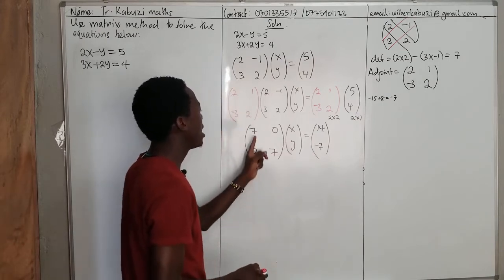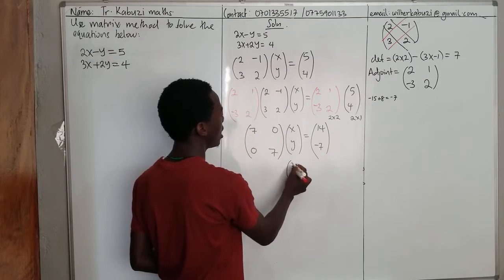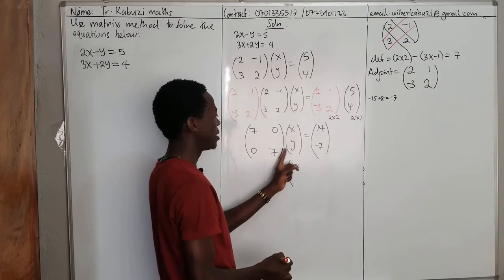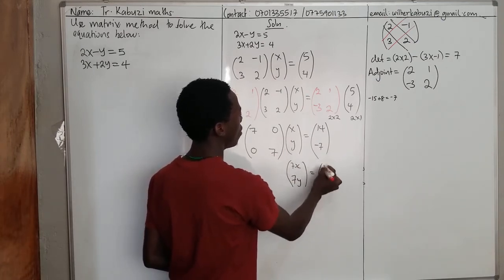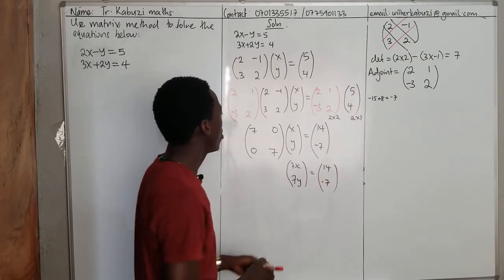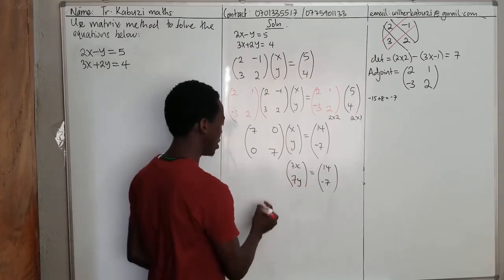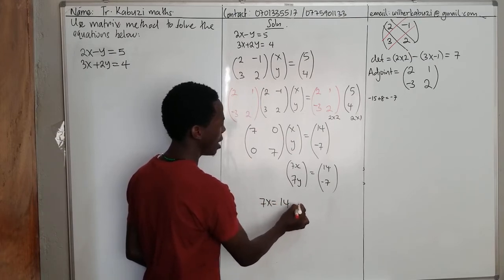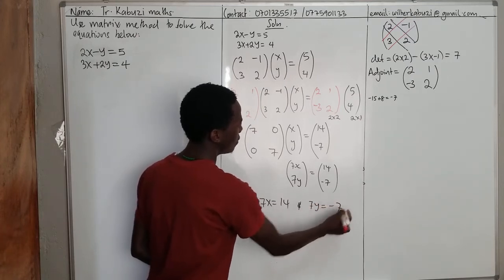And so if you multiply this times this, we have 7x plus 0. Then 0 plus this times this, which is 7y, equaling 14 and negative 7. And we said if two matrices are equal, it means that their corresponding entries are equal. So my 7x will be equaling 14, and 7y will be equaling negative 7.